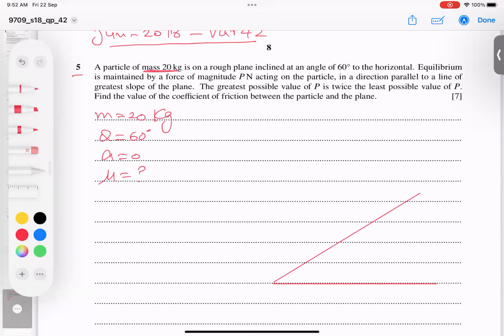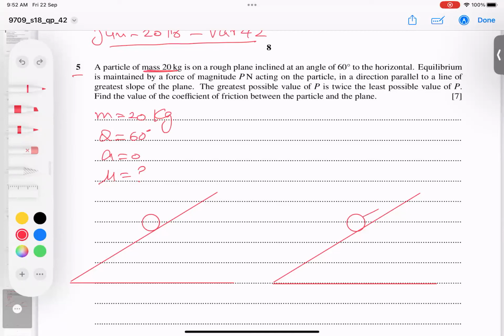In this diagram we have two possibilities. In option number 1, the particle is placed here. The force of magnitude P acts on the particle, and naturally it is not acting downwards, because to maintain equilibrium, if we apply it downward, it will start moving.